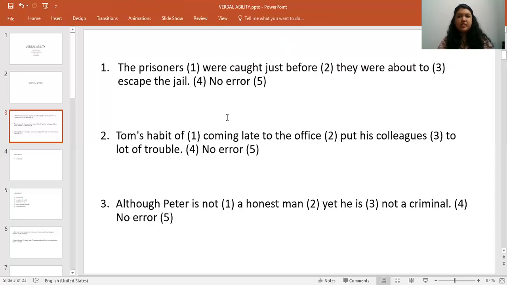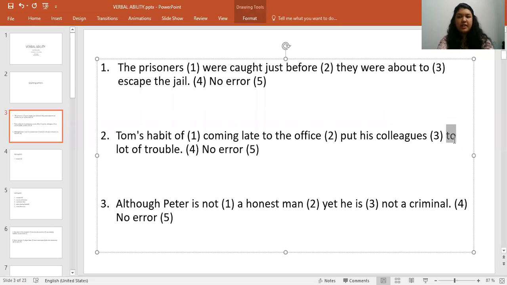Idiomatic expressions are used when we want to explain a particular group of emotions or a sentence. So in this case, to lot of trouble is where the error is.